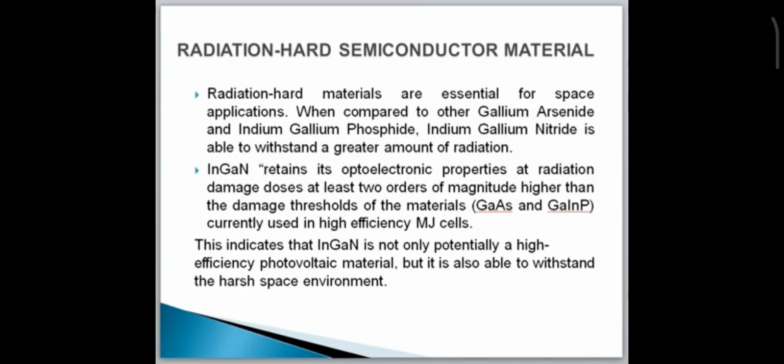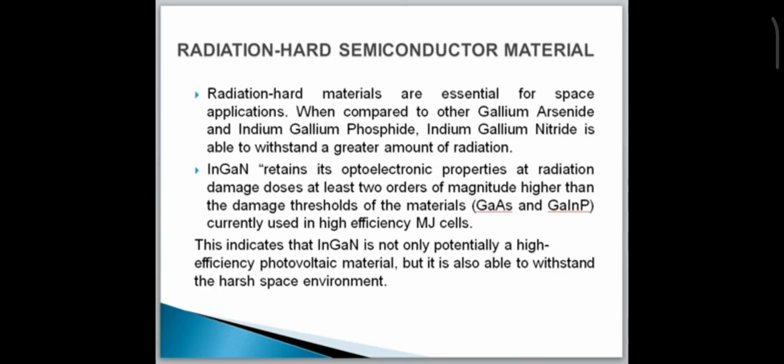One of the properties of indium gallium nitride material is that it is a radiation hard semiconductor material. Radiation hard materials are essential for space applications. When compared to gallium arsenide and indium gallium phosphide, indium gallium nitride is able to withstand a great amount of radiation.